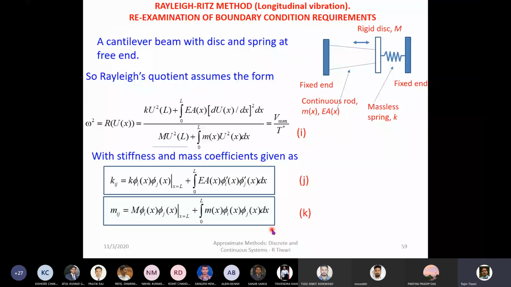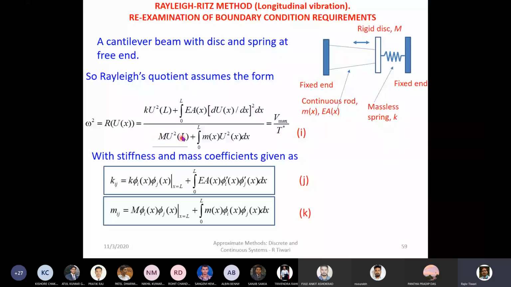Now let us take, in the previous example, there was a spring. Now I'm adding a disk also here. If I'm adding a disk, what will happen? It will add to the kinetic energy term. So if m is the mass of the disk, this will be the kinetic energy part, in which T star means omega square is removed from that.